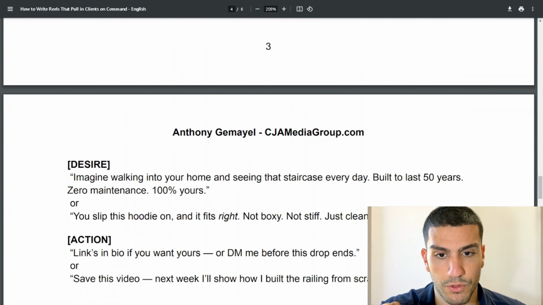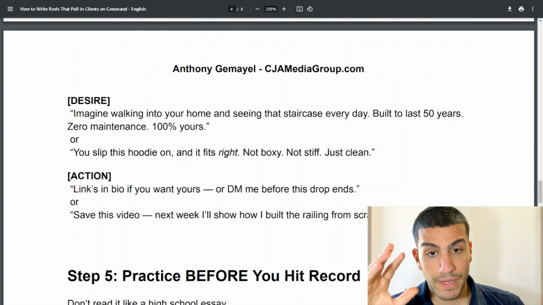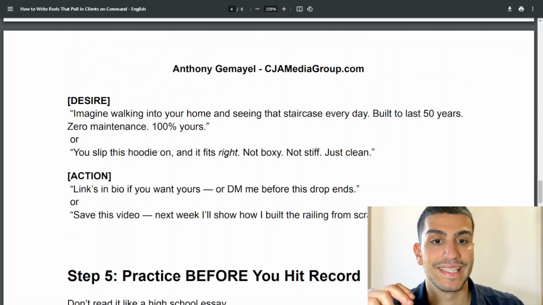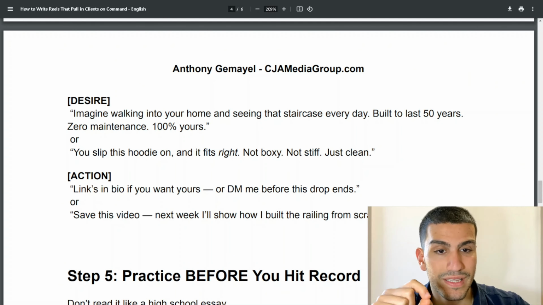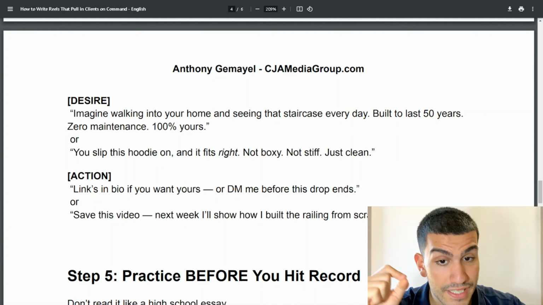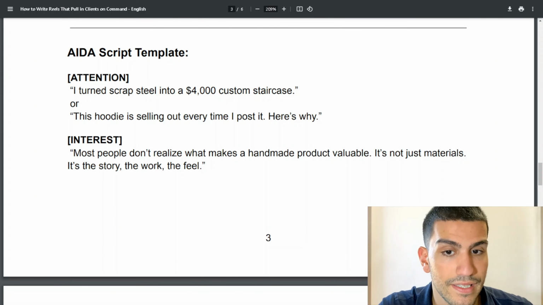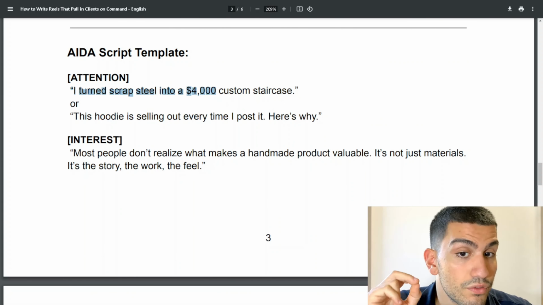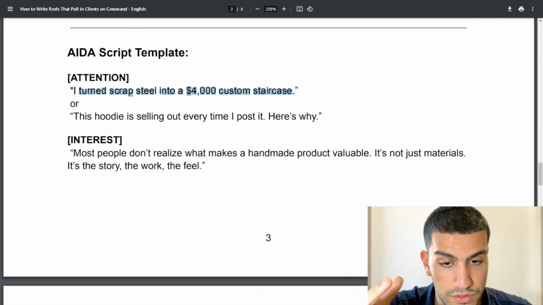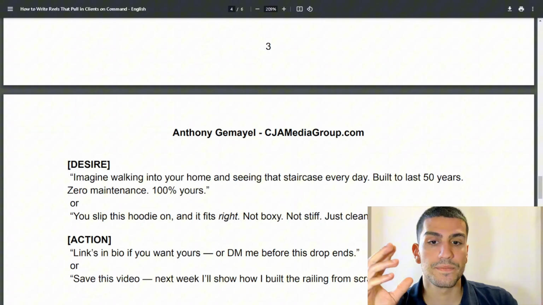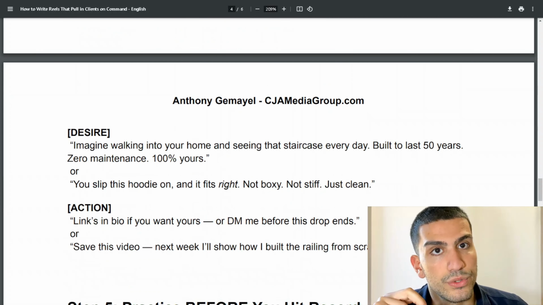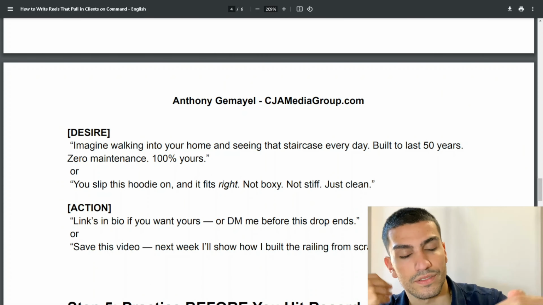Now, the desire part. Imagine walking into your home and seeing that staircase every day, built to last 50 years, zero maintenance, 100% yours. Now, it's directly linked to the attention part here. I turned scrap steel into a $4,000 staircase. It's kind of like I previously told you that we gotta sell them.